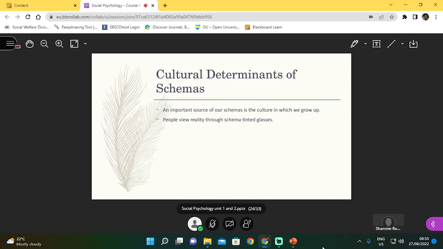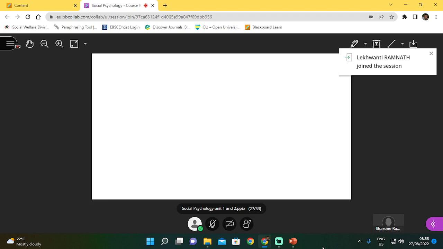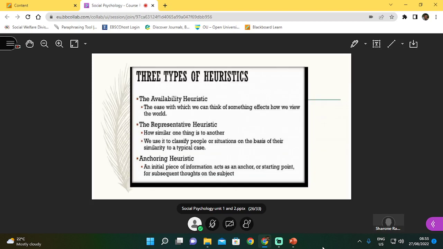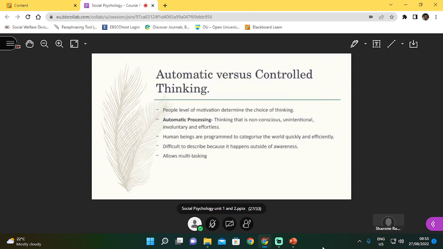Unfortunately, we've got just tutorials and we don't have enough time to go into all the details. That's why I ask you, please do read. So heuristics, we already spoke about that. Then we came to what we call automatic and control thinking.